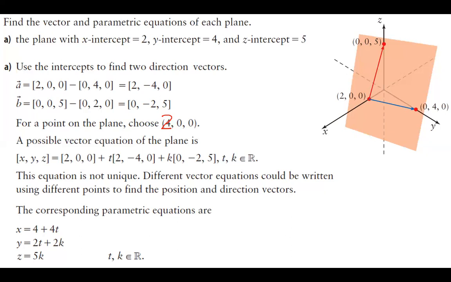And if I have a vector equation like this, then the corresponding parametric equations are x equals, again this should be, 2 plus 2t.